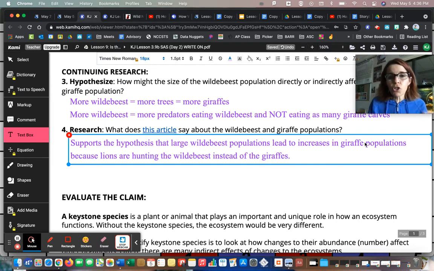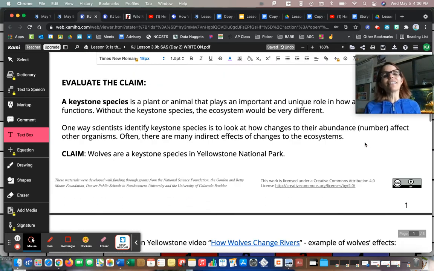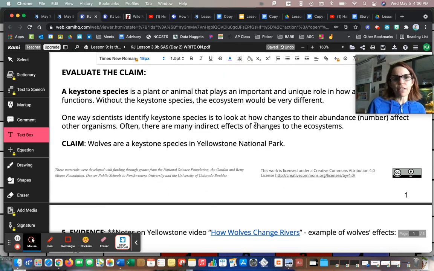Sorry, I had to move my picture. If they have a choice, the lions would rather eat easy prey, wildebeest, than go after these big tall prey, giraffes. So that's good for the giraffes. There's lots and lots of wildebeest, and we're helping the giraffes at the same time.